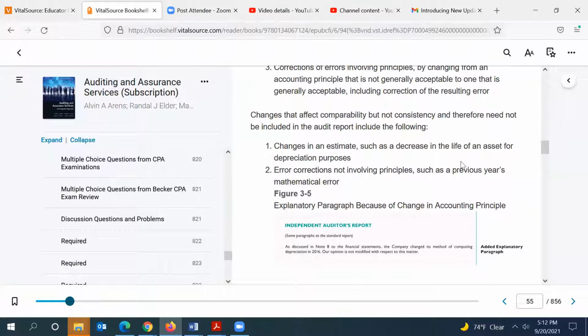Otherwise, it would technically be a violation of GAAP. How often does this kind of thing happen? All the time. Changes in estimated number of years of useful life, changes in the estimated residual or salvage value, et cetera. If we had to bring this out in the audit report each time the client makes it, heaven forbid, that's going to be a really long audit report. Furthermore, how many financial statement readers really care? They don't. So we do not include it in a separate paragraph.